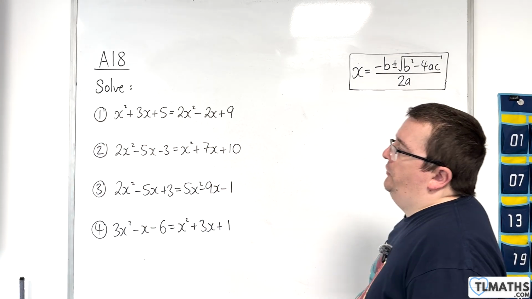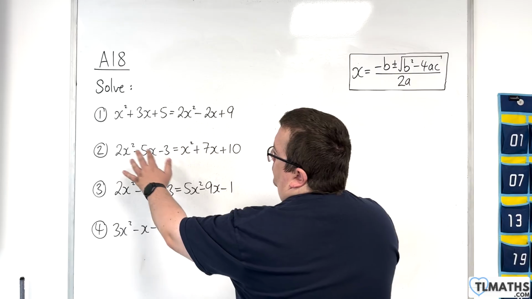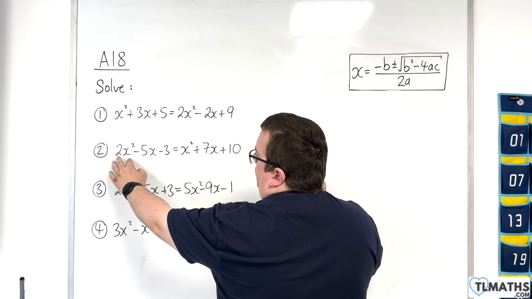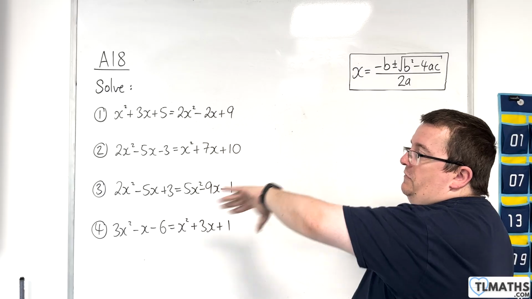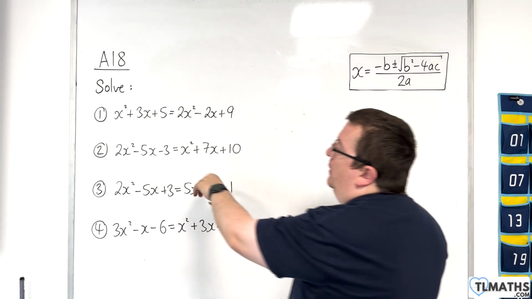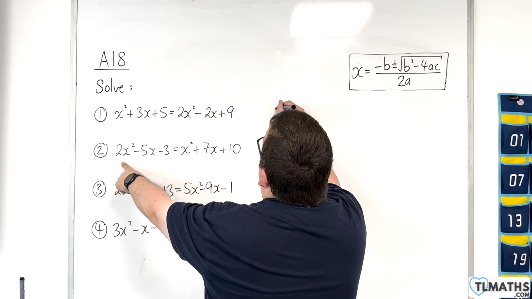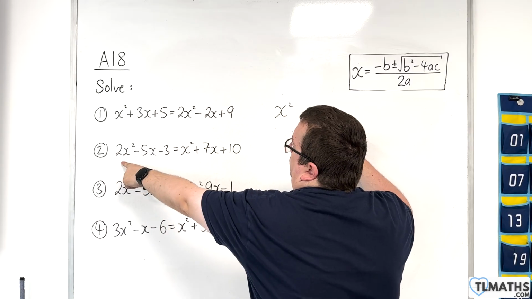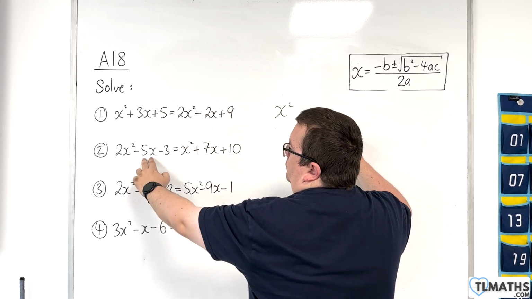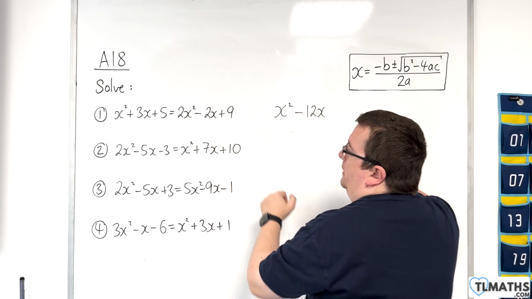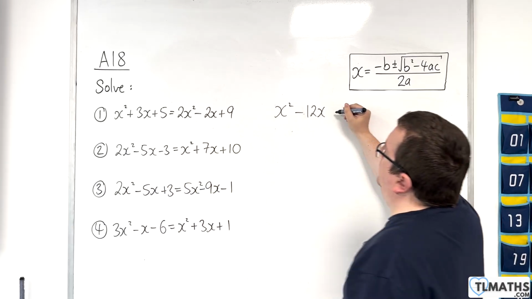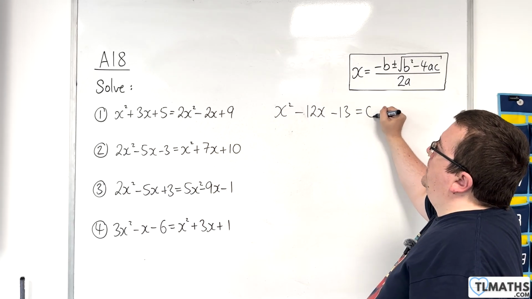Okay, let's go to number 2. Here we've got the largest number of x squareds on the left-hand side. So if I subtract everything from the right this time, I can subtract an x squared from both sides. So I'm going to get x squared on the left-hand side. Subtract the 7x from both sides, and we get minus 12x on the left-hand side. Subtract 10 from both sides, we get minus 13, and that's going to be equal to 0.